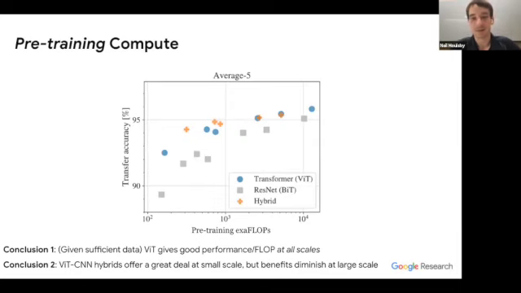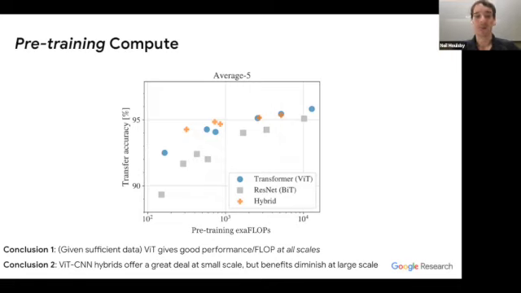And so on the x-axis here, we have the pre-training flops, and the y-axis is the transfer accuracy. And the gray squares are the ResNets, and the blue points are the transformers. And what's interesting is that at all compute scales, not just large scale, but also small scale, one can match the accuracy of the ResNet with 2 to 4 times less compute when pre-training the transformer.